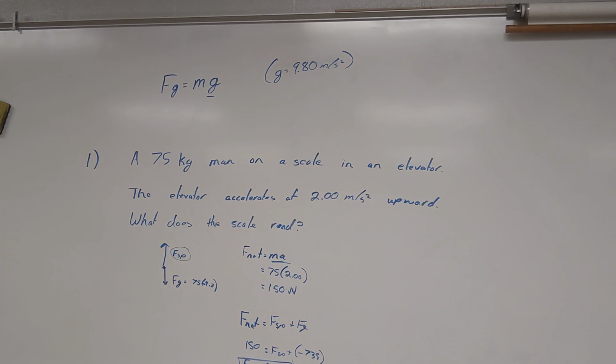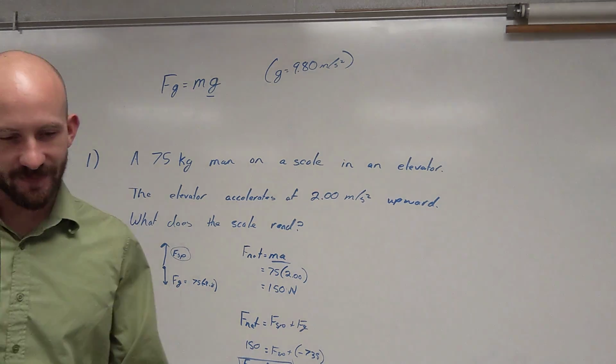If the scale is going 2.0 meters per second squared upward, that means he would be acting with the same force down on the scale. So you can just add that to the 9.8, yeah, and then multiply by the mass. Get like a net. I mean, it works, just as long as you are okay with understanding why it works and when it works. So. Cool. All right, let's move on.